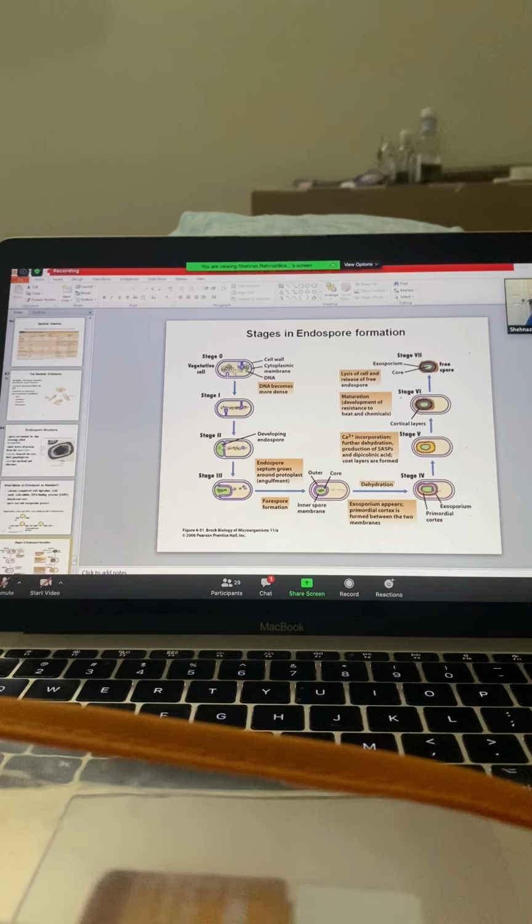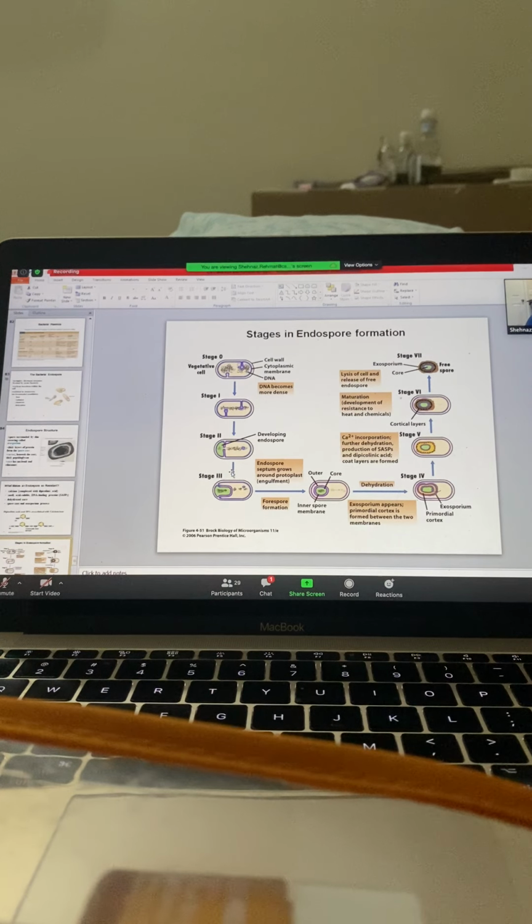This is when binary fission is stopped, and now you're getting an unequal division where the cell wall is being laid not in the center, but in one area where a small area will be partitioned away with the developing spore that will have a copy of the DNA and some ribosomes already trapped in that area.